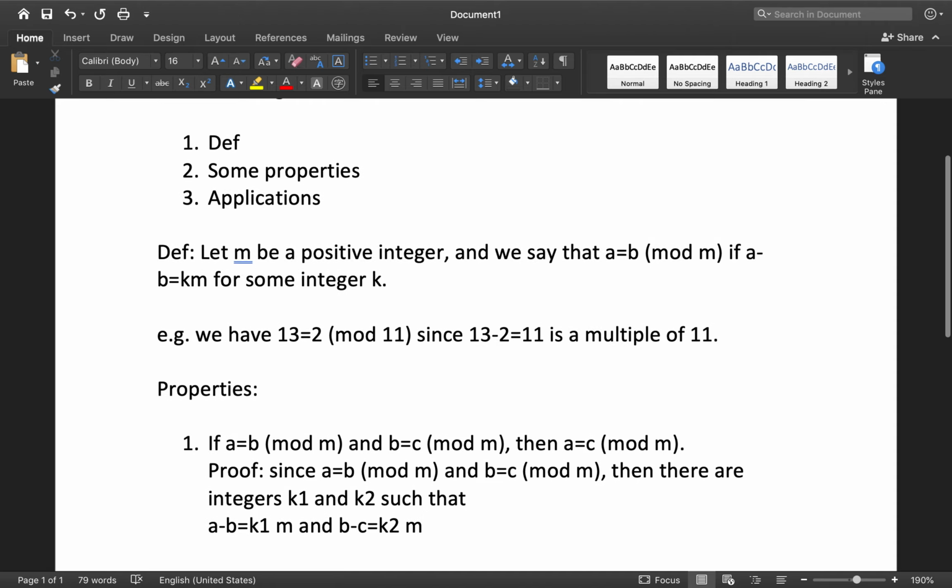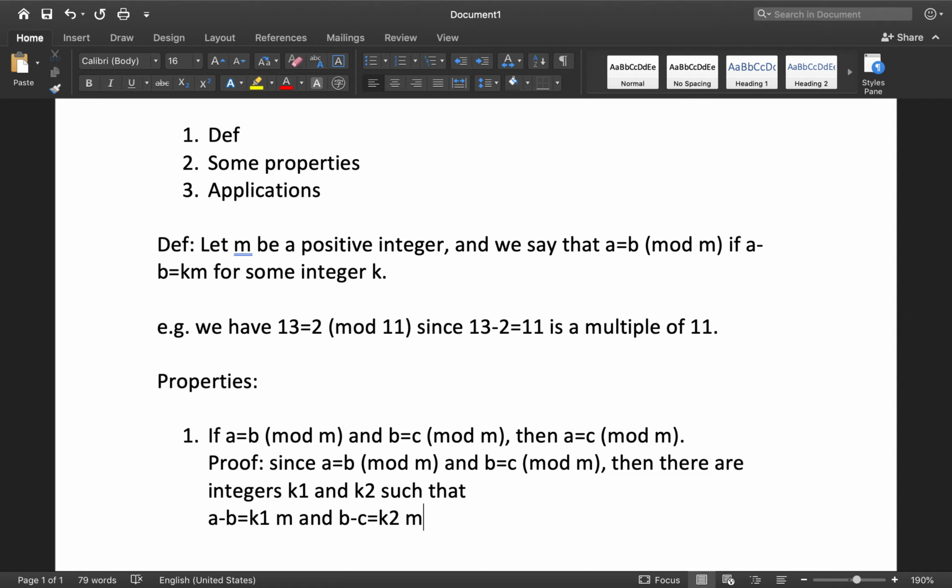Now if we have these two, we can manipulate these two equations.